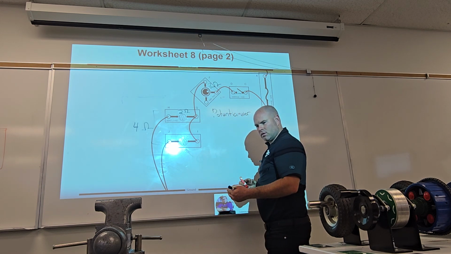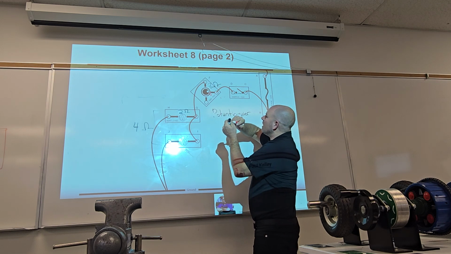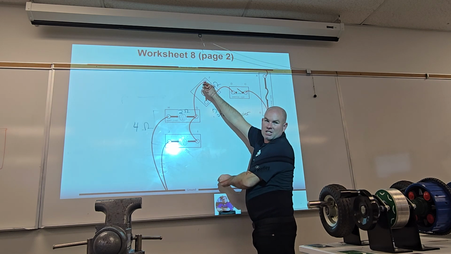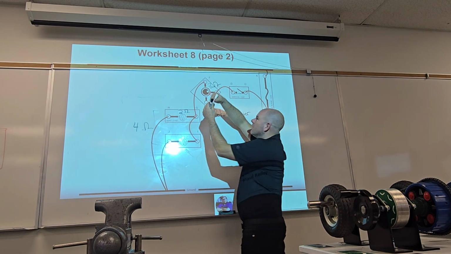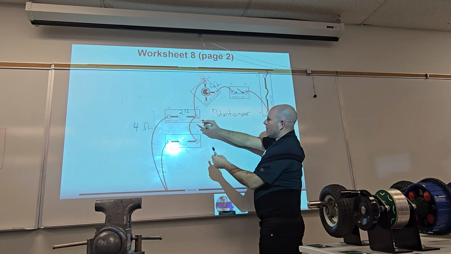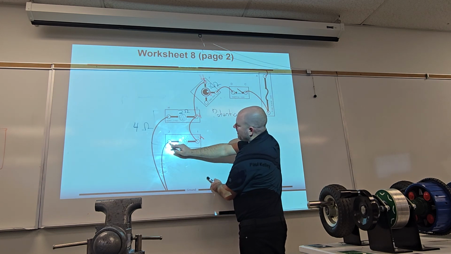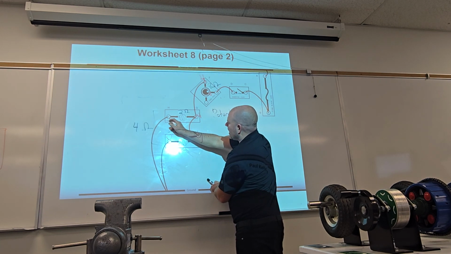Has to be double. This would drop 8, and that's correct. However, if we started with 12 and it dropped 8, how much is left? 4. And then how much is here? 4. And how much is after? 0. And how much is after?